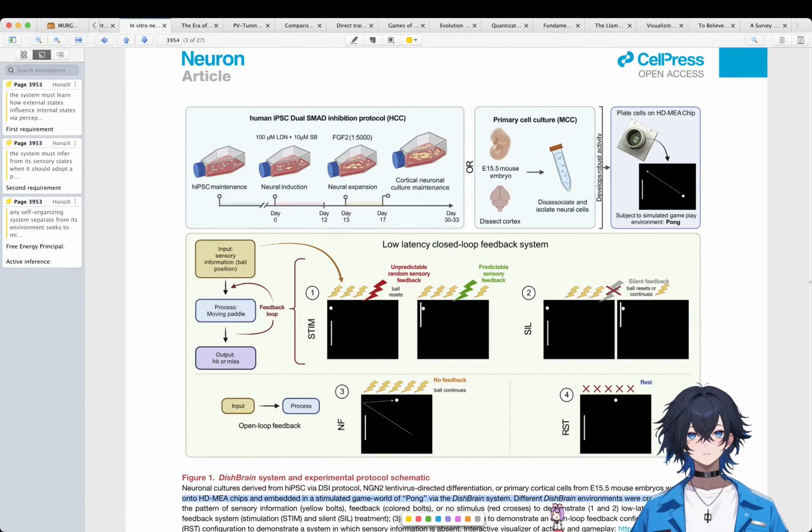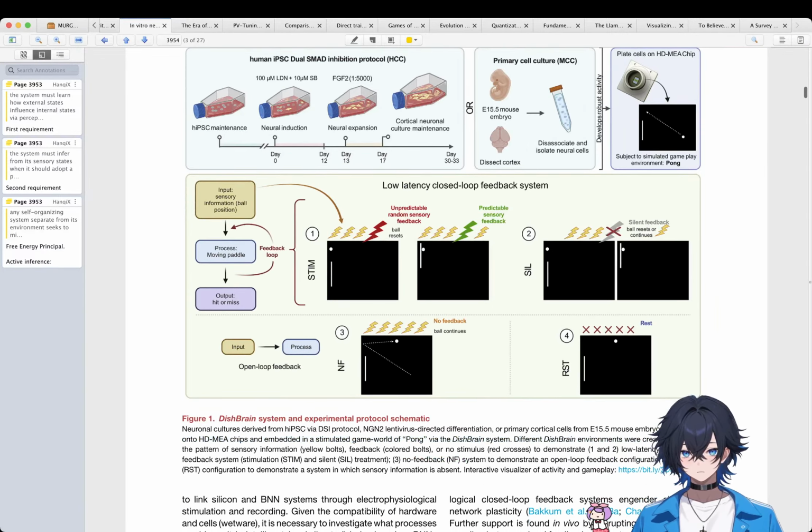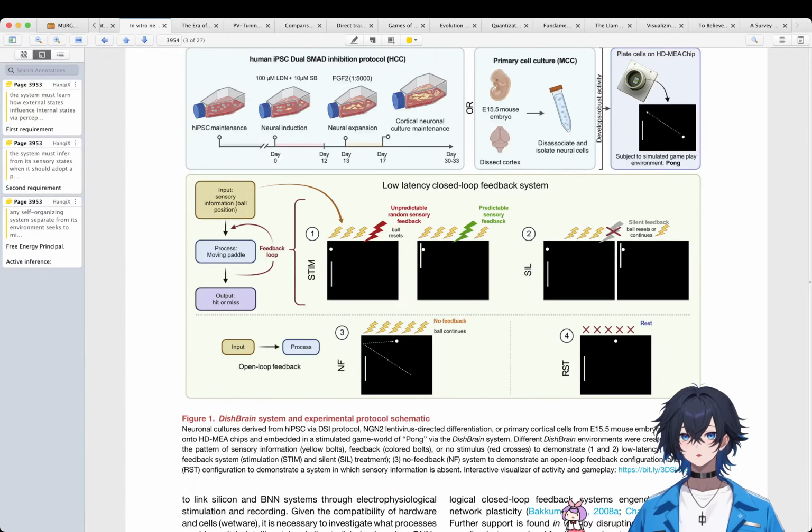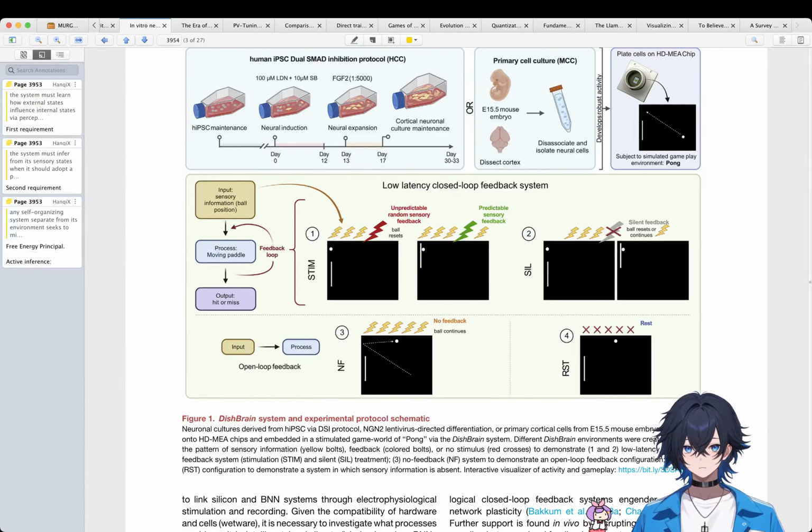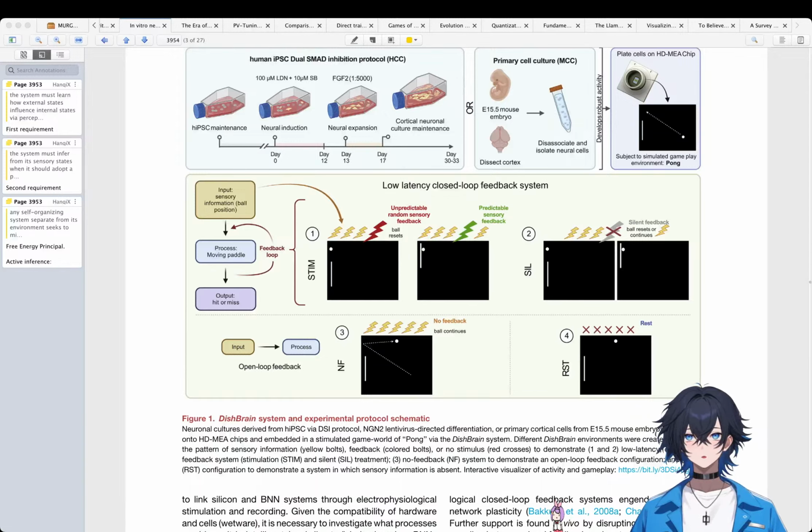Okay, this is cell biology. I am not too familiar with this. Okay. Input sensory information. Let's see. Ball position of, okay. Moving the paddle. Interesting.